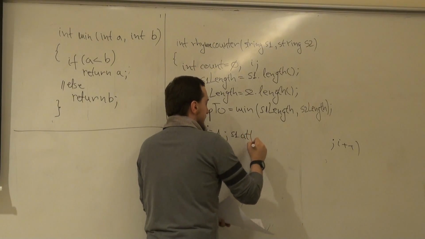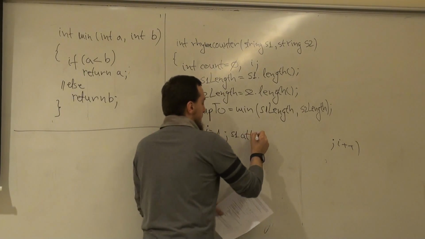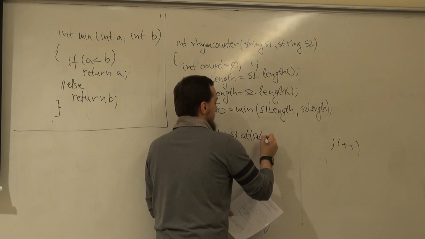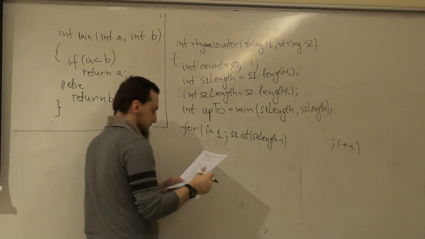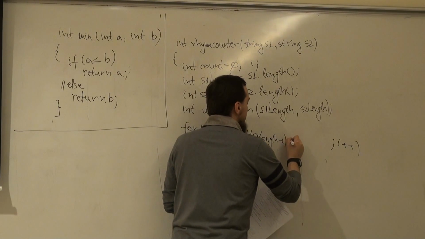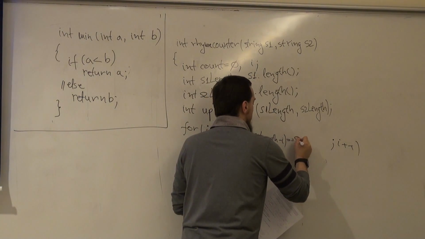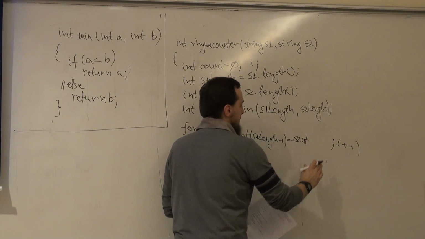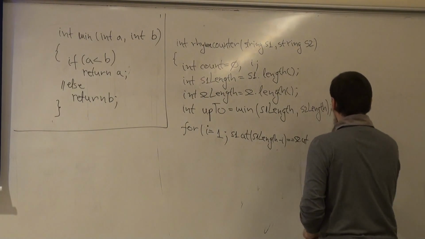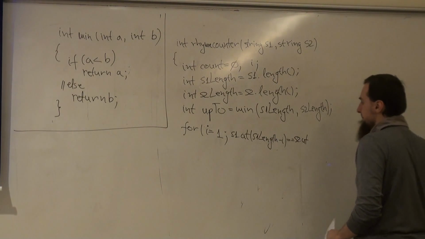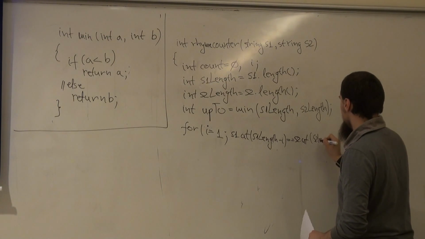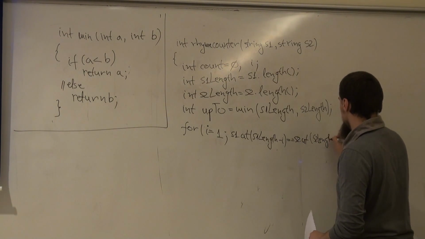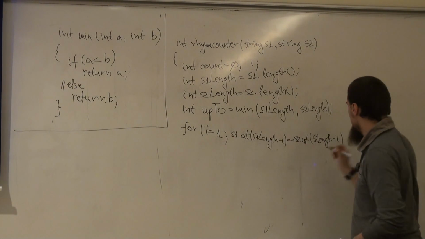So S1 at S1 length minus I is equal to S2 at S2 length minus I. Okay, I becomes 1, 2, 3, and so on.